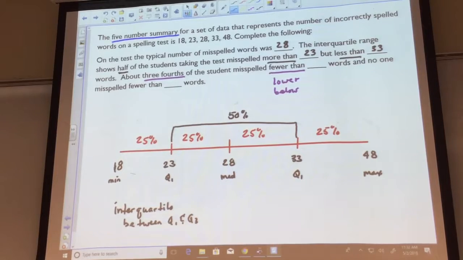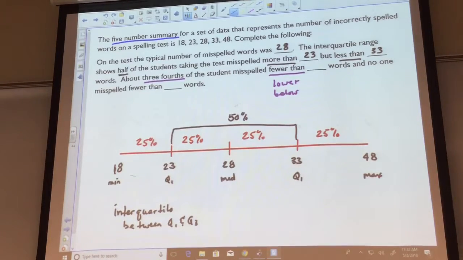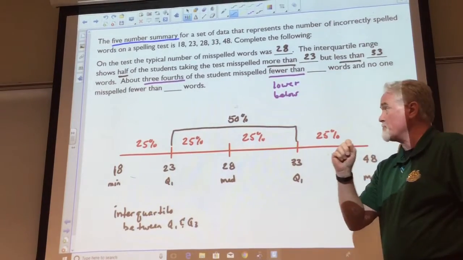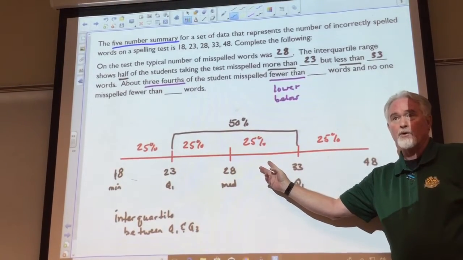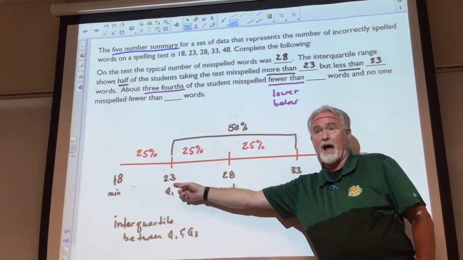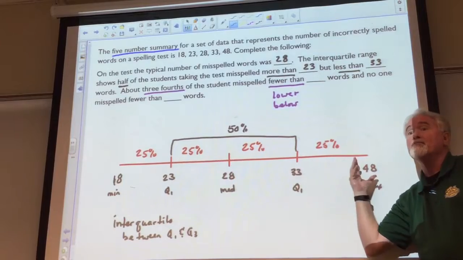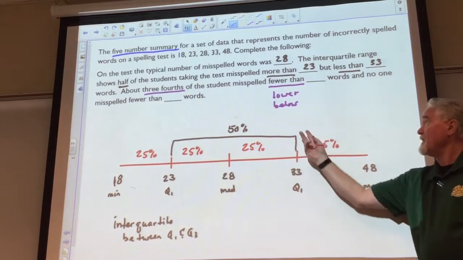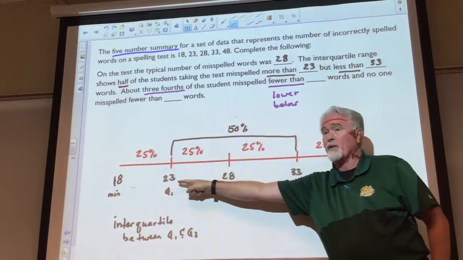Oh, 33. 3/4, 3 25% brackets: 1, 2, 3, are below 33. Not this. I got only 1/4 back there. I got 3/4 that are above that. But they didn't ask for more than. If they asked for more than, yes, that would have been the correct answer.